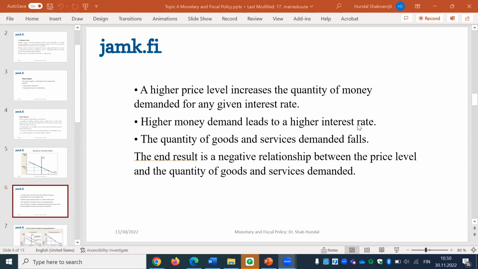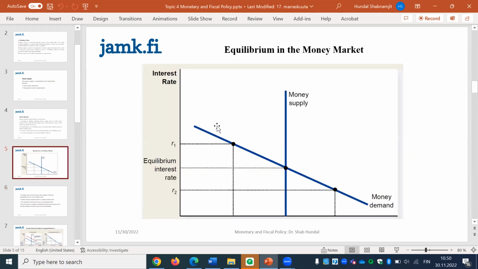That is very important. If the demand for money goes up, the interest rate will go up.